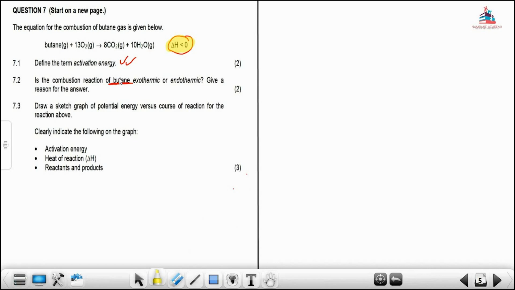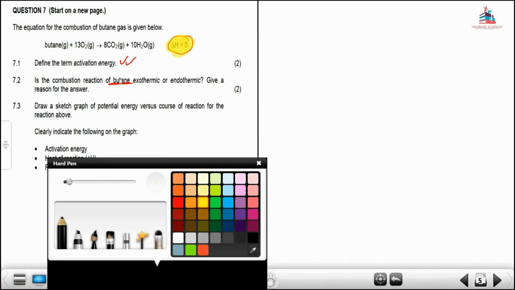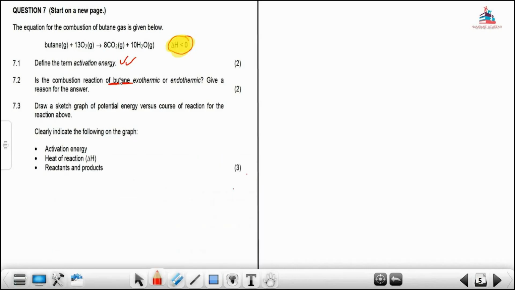You forgot about the table of how and when one can decide whether the reaction is endothermic or exothermic. So because of this, one can easily say the correct answer here must be exothermic. At delta H less than 0, energy is released.